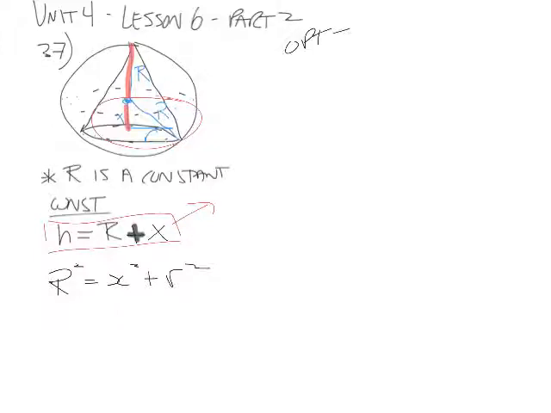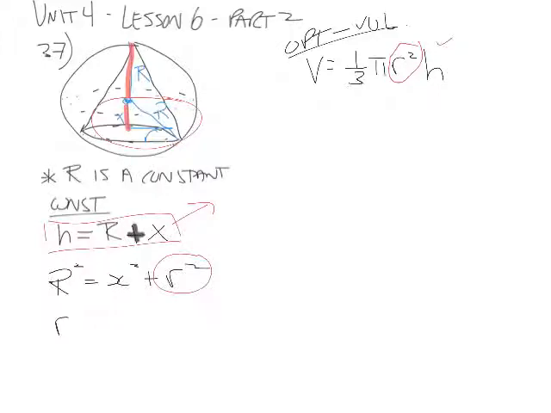We're optimizing volume. The volume of a cone is 1/3 pi r squared h. I already have the h term taken care of. That's just capital R plus x. Now I need small r squared, and I have it here. I'm going to rearrange it to get small r squared equals capital R squared, the radius of the sphere, minus x squared.